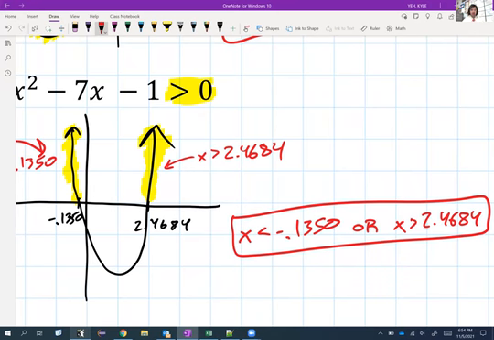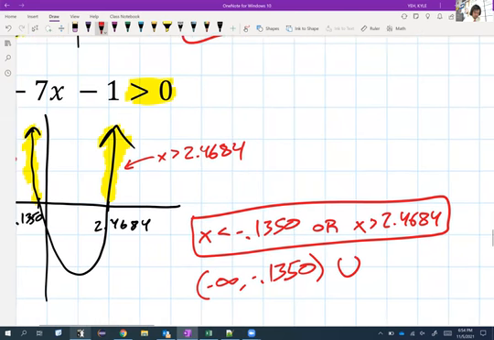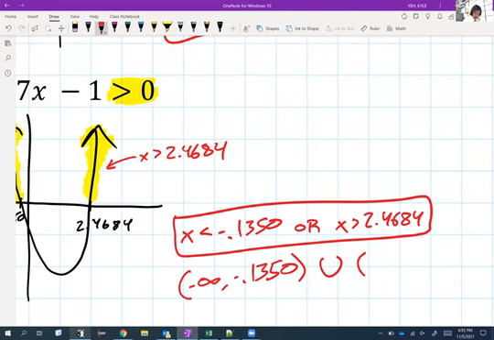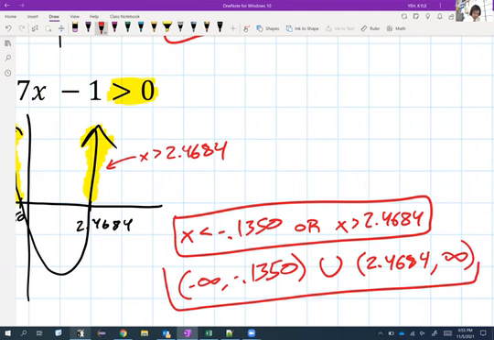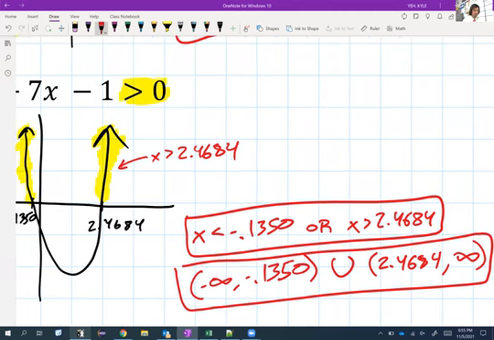Because we're looking for greater than. If you want to write it in interval notation, we can use the union operator to combine a couple sets. So I might say negative infinity to negative 0.1350 joined with 2.4684 to infinity. Again, 2 different ways to write the exact same thing.